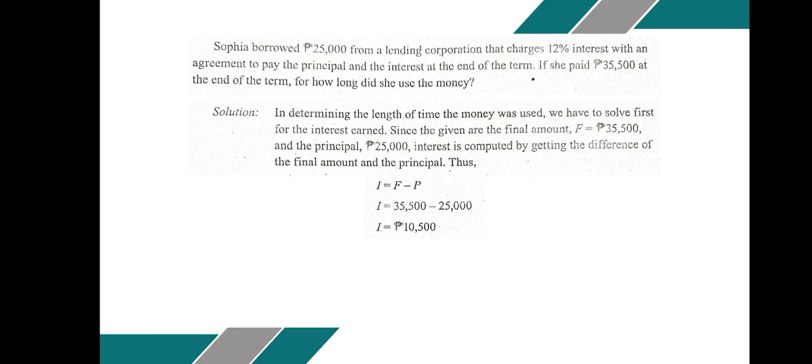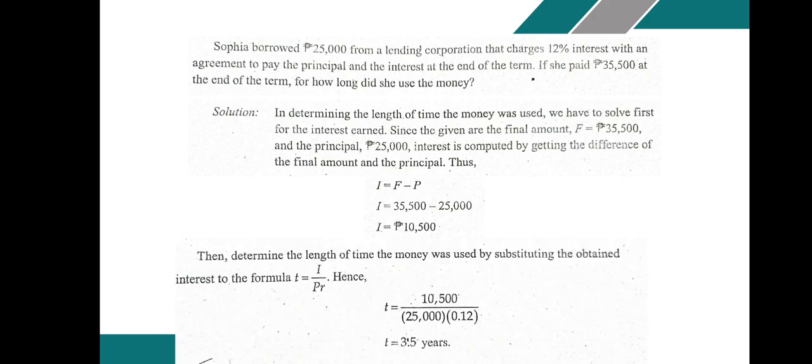Now, after that, we can now solve for the time. Kasi yung given dito na problem or yung hinahanap na dito is how long did she use the money? Okay. Now, to determine the length of time the money was used by substituting the obtained interest to the formula. So, meron tayong mga derived na formula, di ba?